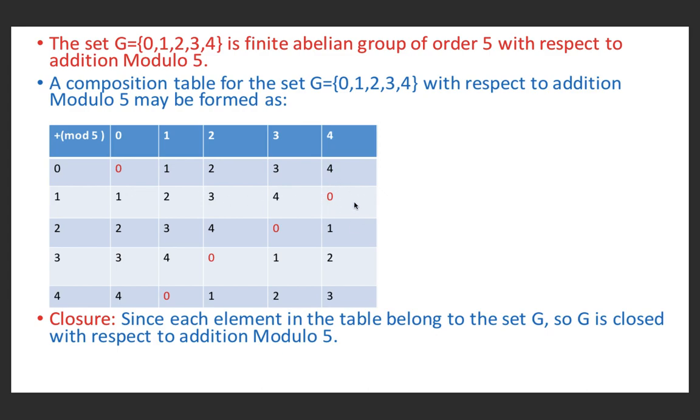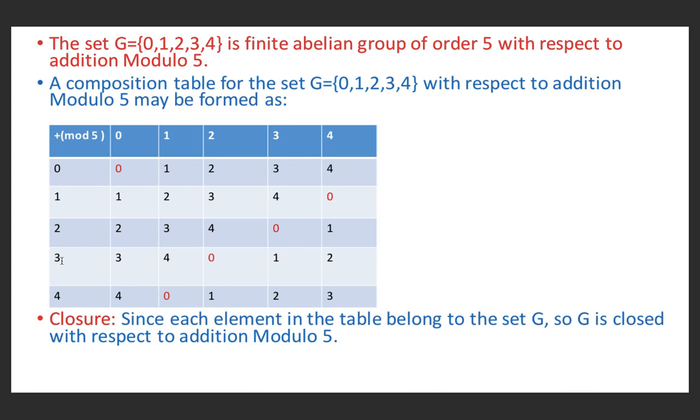The element above 0 in the last column is 4 in the top border row. So the inverse of 1 is 4. To find the inverse of 2, we have the identity element in the fourth column. So the element above 0 in the fourth column is 3 in the top border row. So the inverse of 2 is 3.